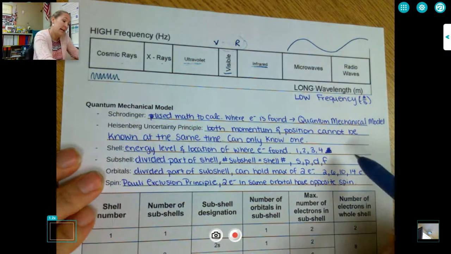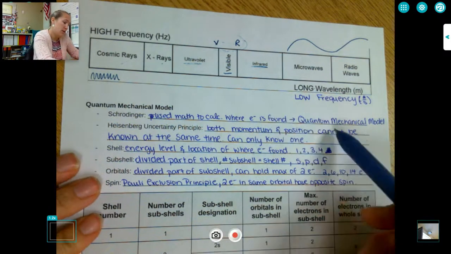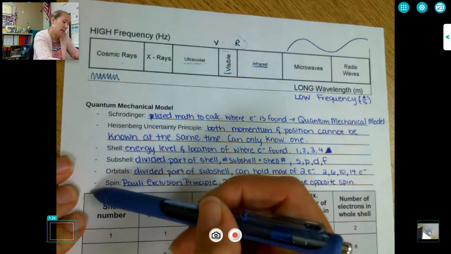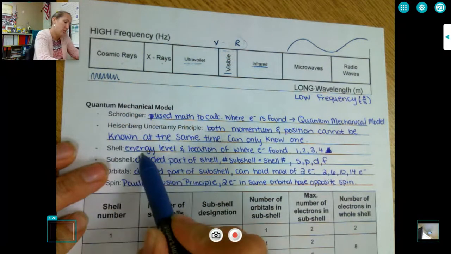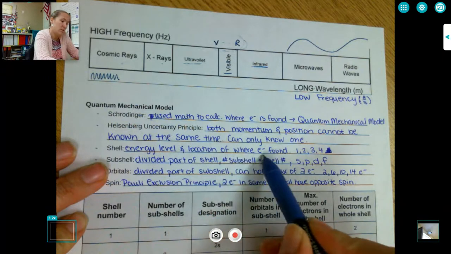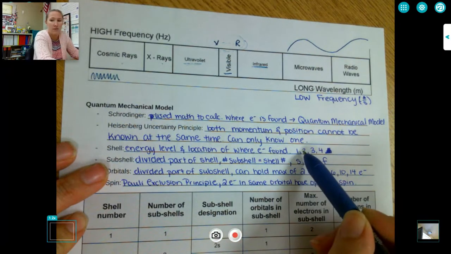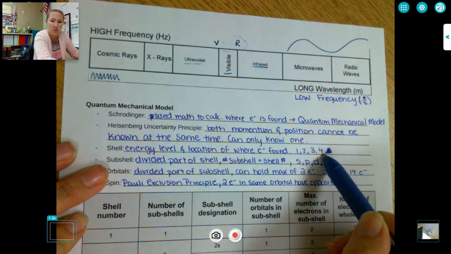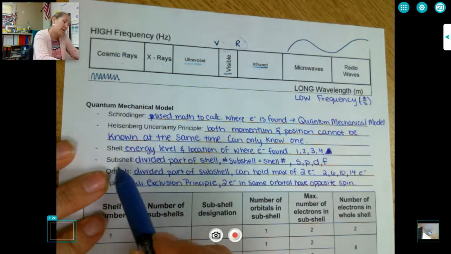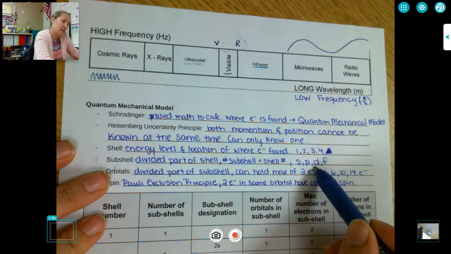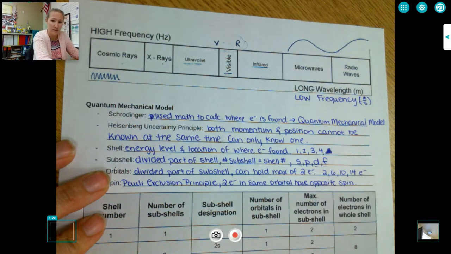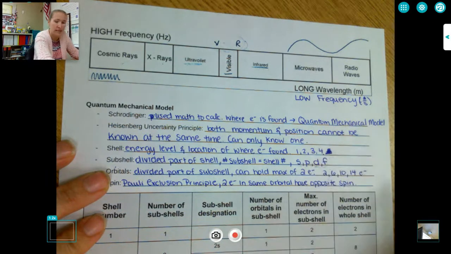Okay. Then thinking about where electrons are found, they're found in varying smaller locations. So we have the shell, which is the energy level or the location where the electron is found. We can have the first shell, the second shell, the third, and the fourth. That shell is divided into subshells, which is where we get our S, P, D, and F subshells. So we have things like 1s or 3p.